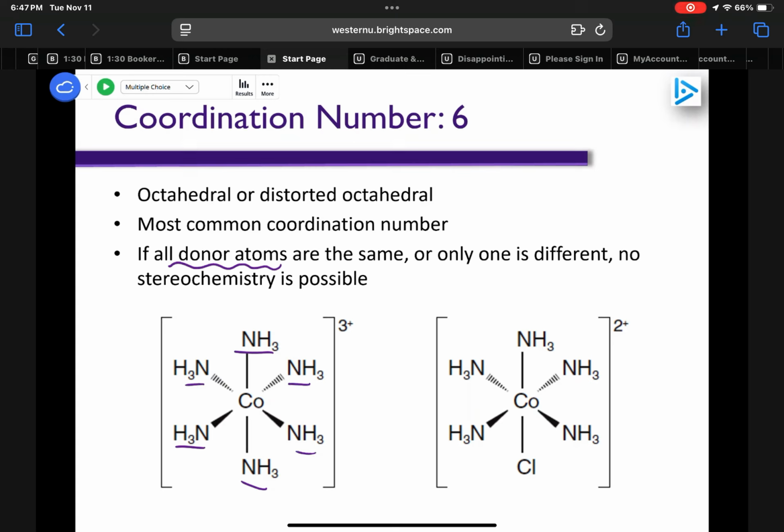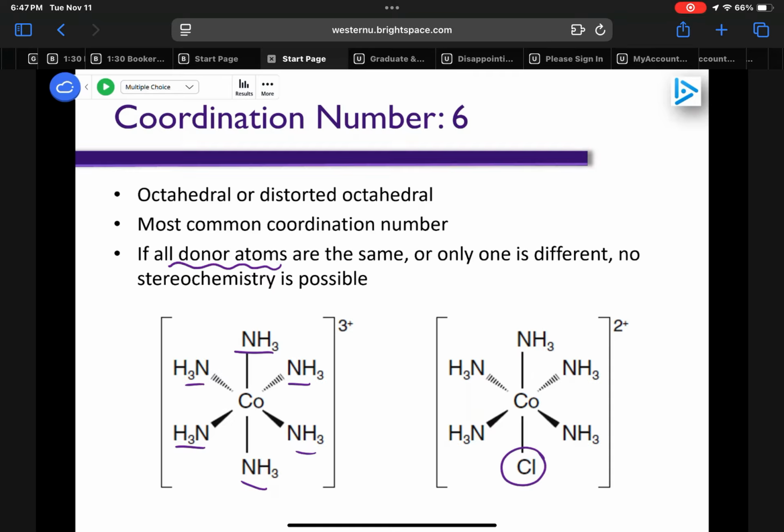If we swap 2 of those NH3 ligands, it's still going to be the same complex. If all of the ligands are the same, except for one unique one, we could put that chloride in a different spot, but that's also not going to create an isomer.